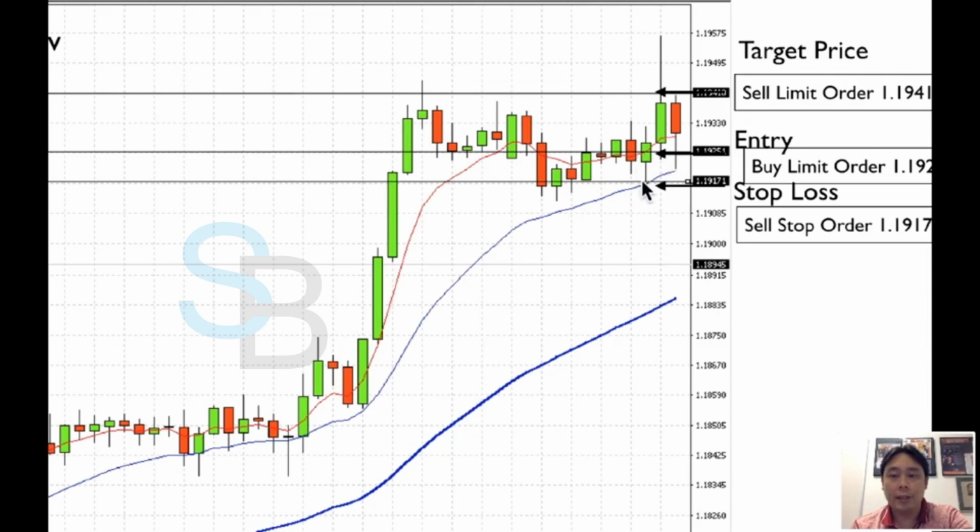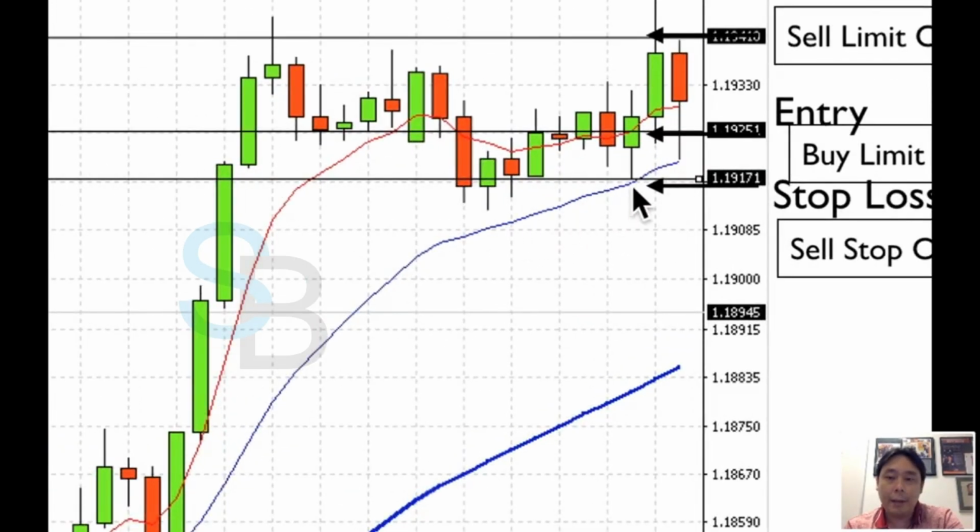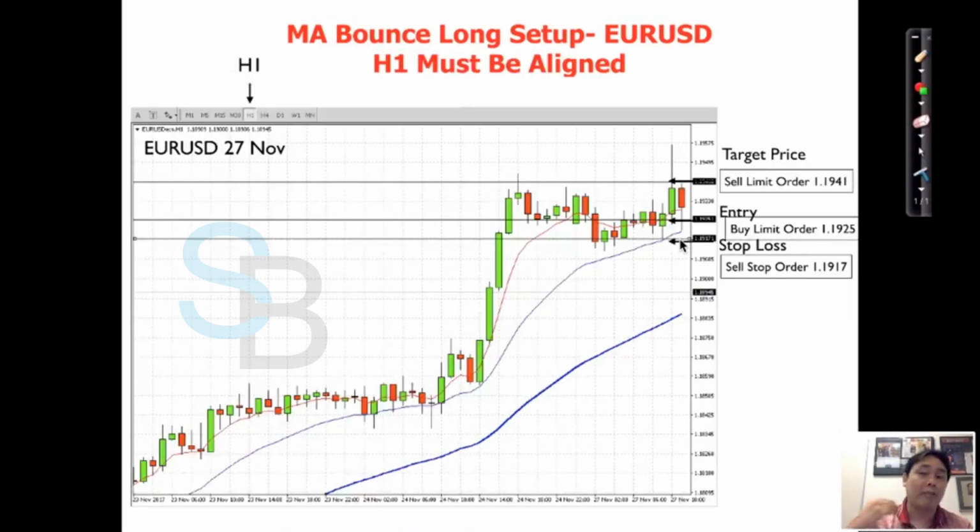My stop loss is here, and my profit target is here. And you can see also from the hourly candles, the 18 EMA, which is this blue line, is a support level. Can you see it's been supported? And my stop loss is below that support level. So that again gives me more confidence.